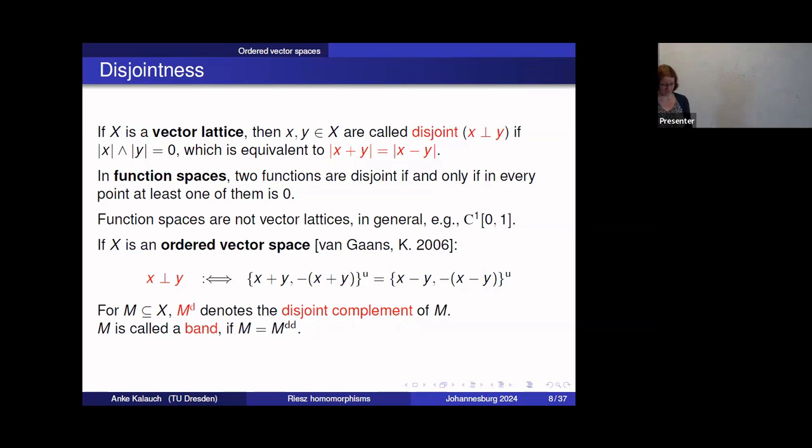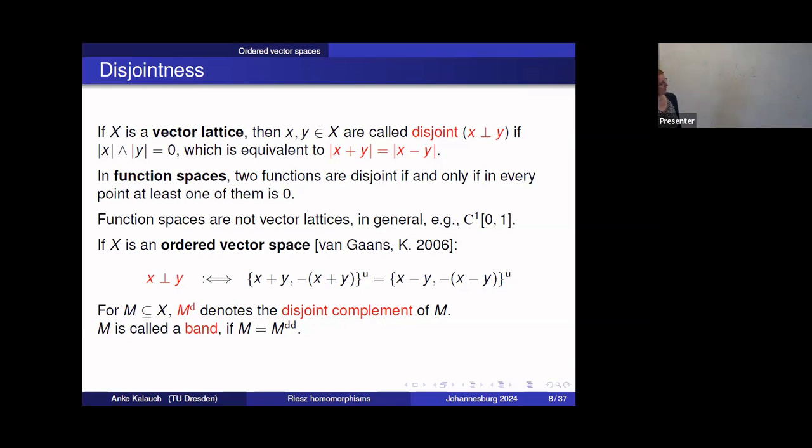I already mentioned that this supremum does not exist in all function spaces. For example, if you look at C1, the differentiable functions, it does not exist in general. But you have the same idea of what disjointness means there. So the idea is to give a definition that fits the standard definition for functions in a good way.